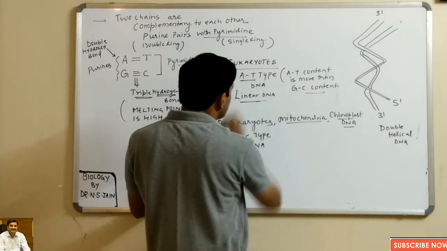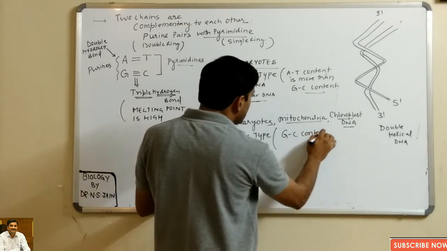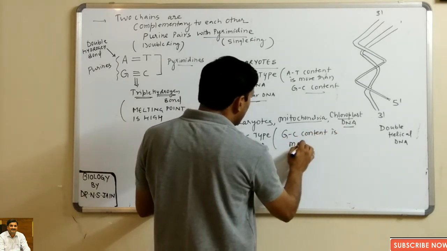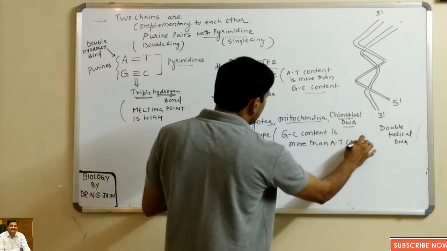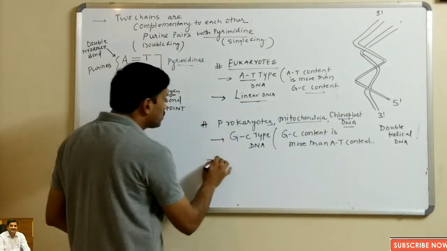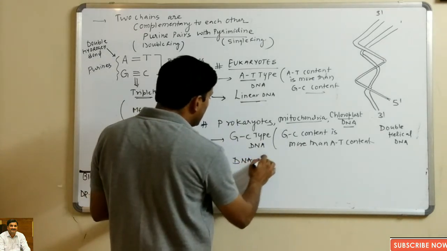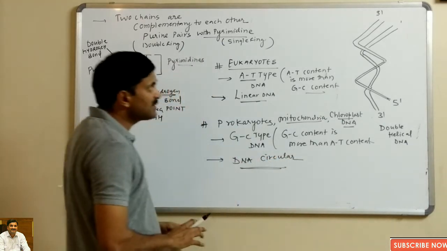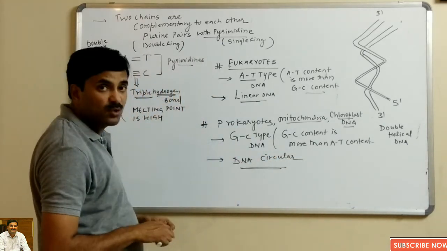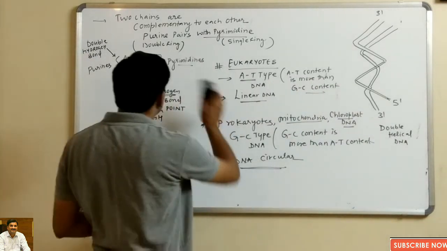Now the question arises, what is this GC type DNA? It means GC content is more than AT content. And one more thing to remember is that in prokaryotes, the DNA is not linear, the DNA is circular. So you must know about a eukaryotic DNA and a prokaryotic DNA.